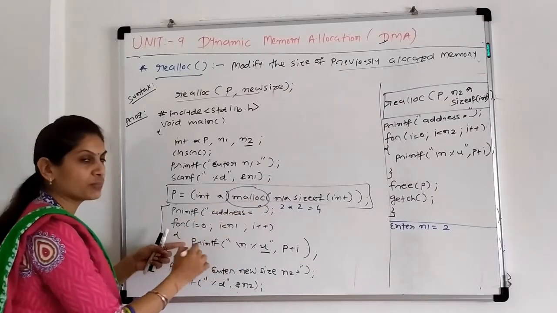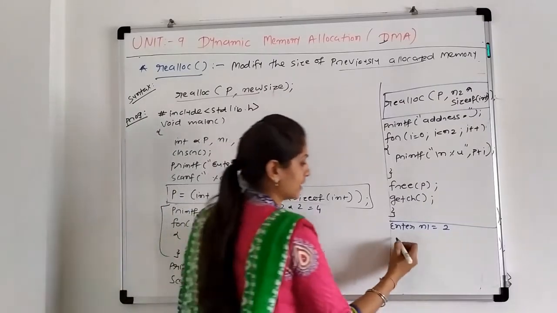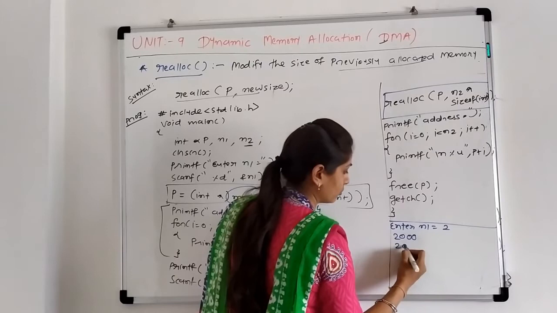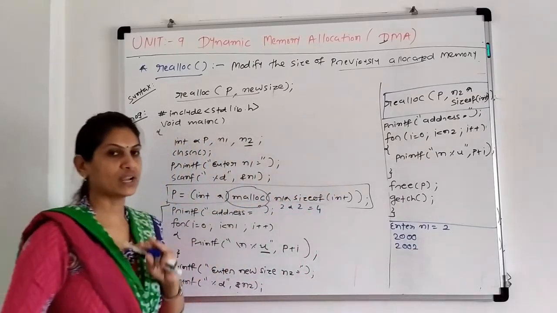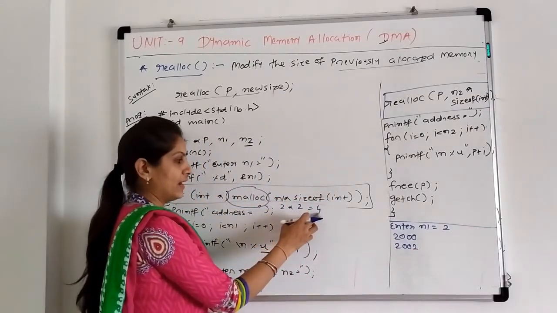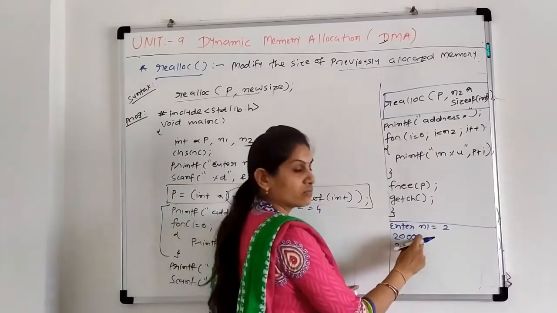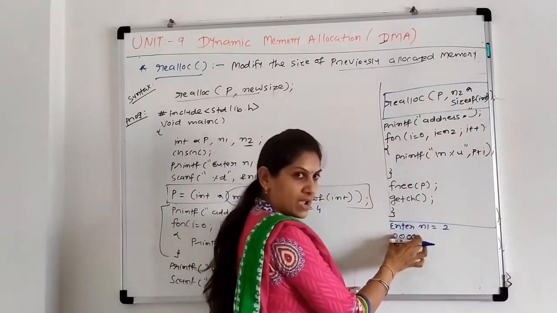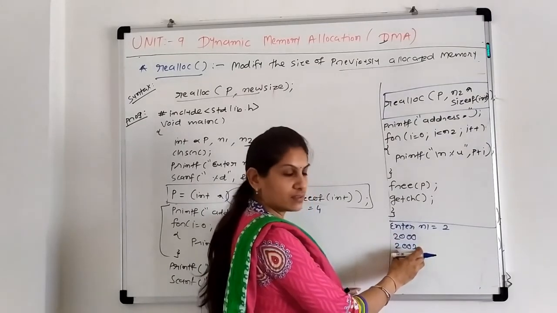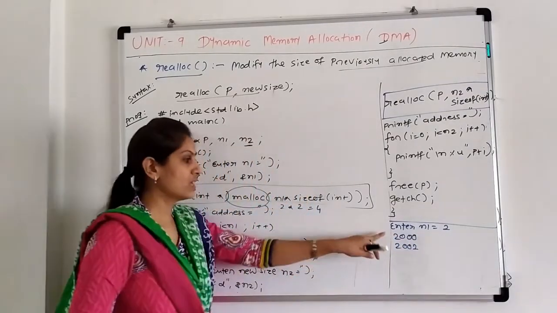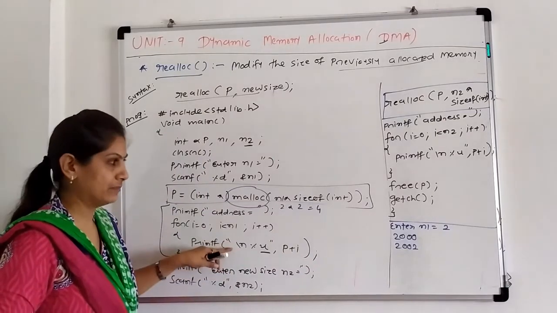And the address is printed here. Suppose the address is 2000 and 2002. Total 4 bytes. n1 is 2, so first is 2000, 2001, that is 1 block, then 2002, 2003, that is the second block. So the address is printed 2 times.